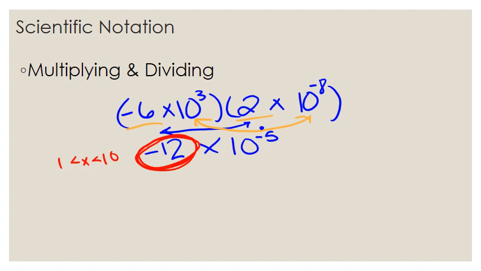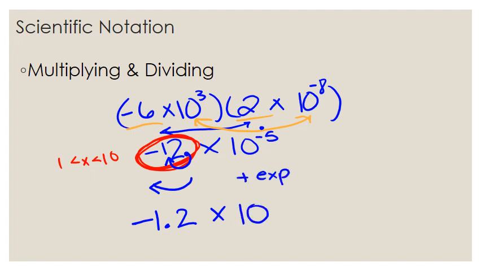So in this case, I need to convert this. What that means is I want my answer to be -1.2. I want to move that decimal to the left once. If you move to the left, that means you're going to add on the exponent. So I'm going to keep the 10, of course. We're going to keep that base of 10. But if I go left 1, I'm going to add 1 to the exponent.